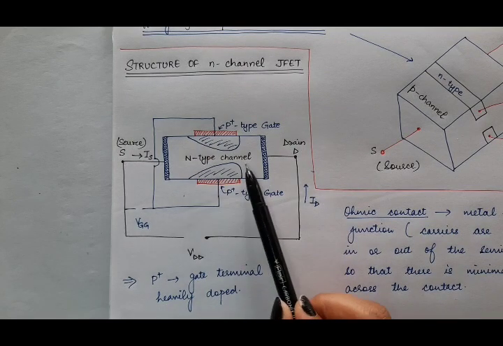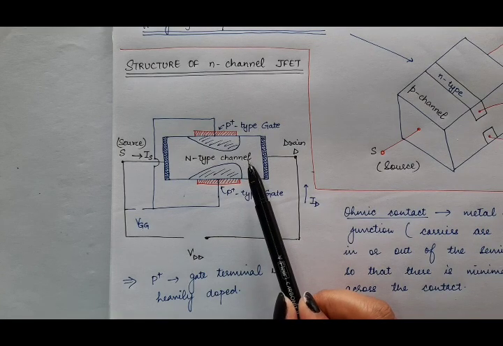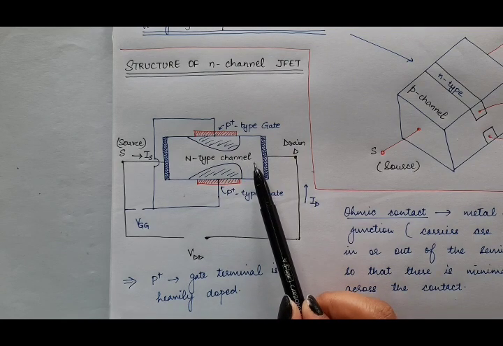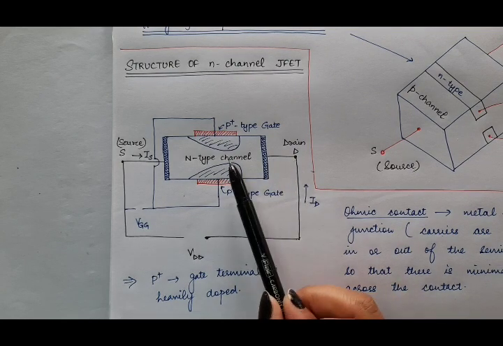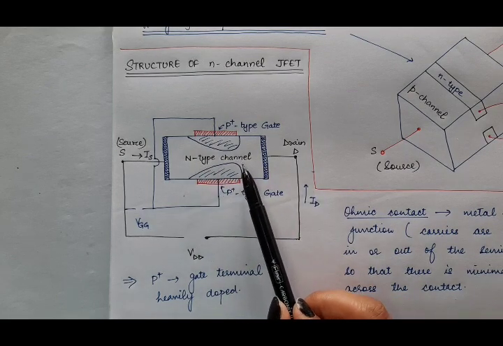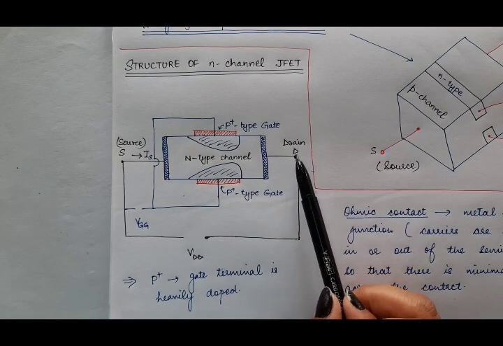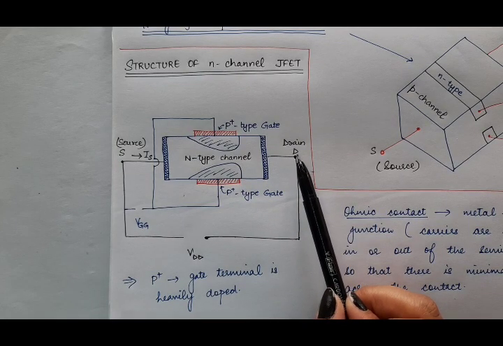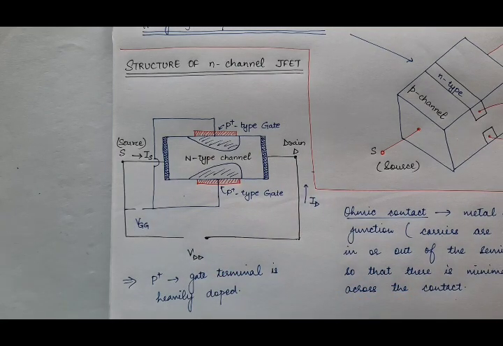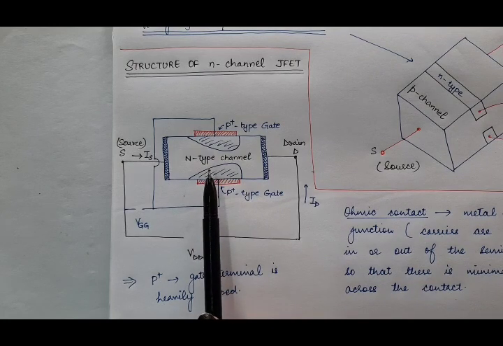As we have an N-type channel here, the current is because of electrons, and these electrons will be collected by the positive potential. They will be attracted by the positive potential. So that is why in an N-type channel JFET, the drain is always made at higher, or positive, potential than the source, because the task of the drain is to drain out the charge carriers, and here the charge carriers are electrons.